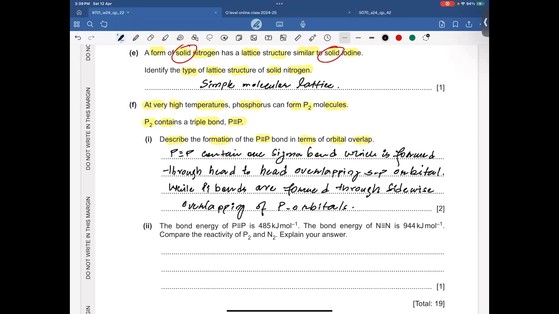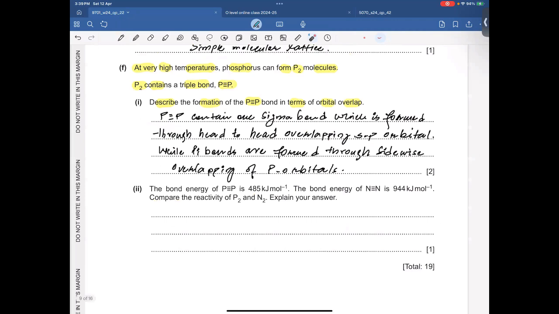I hope it makes sense to you. And that's what we have done in sigma bonding and pi bonding in detail, all right?